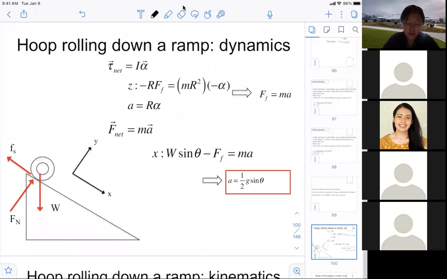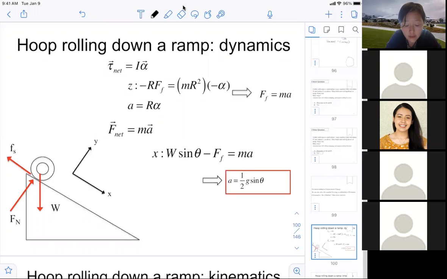When something needs to start rolling, we don't have to think about kinetic friction, because kinetic friction is when you slide, and it gives a friction in the opposite direction. But you do need static friction in order to roll. Without that static friction, it's impossible to roll.